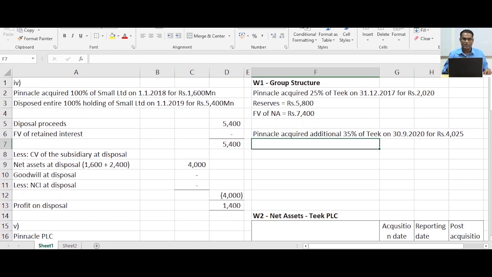This is the acquisition of additional interest. Now it's a step acquisition because Pinnacle acquired control over Teak in stages: initially 25% and thereafter 35%.